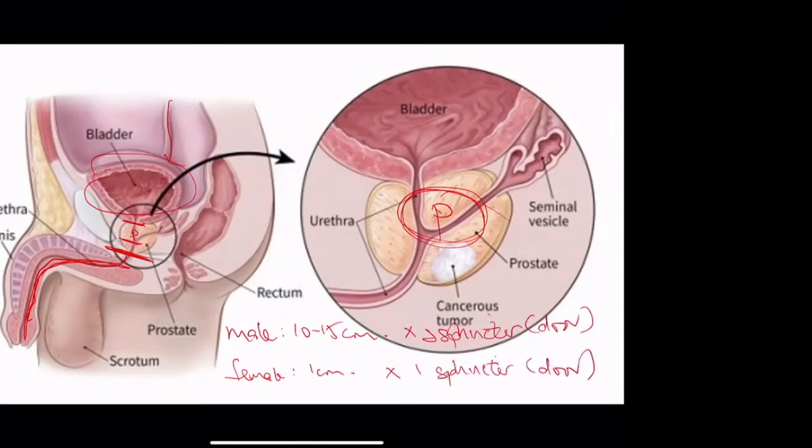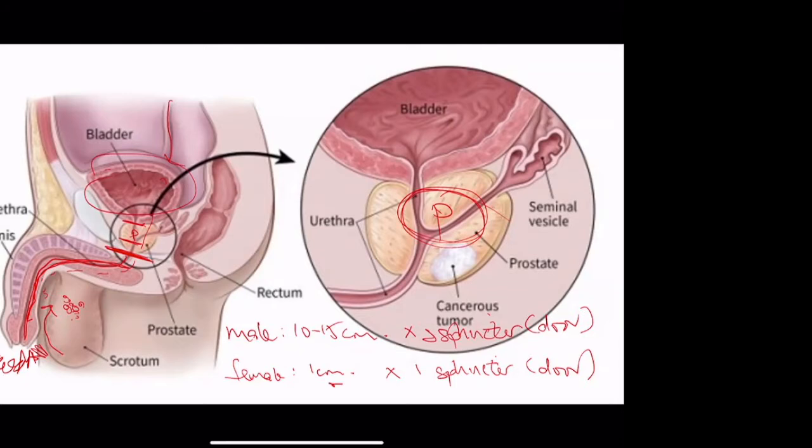So now there are two things that I want to tell you about the main differences. Because of the length of the urethra, ladies are prone to having urinary tract infection. Why? Because outside the body is dirty. If bugs like E. coli get into the bladder or the urinary tract, you get a urinary tract infection.